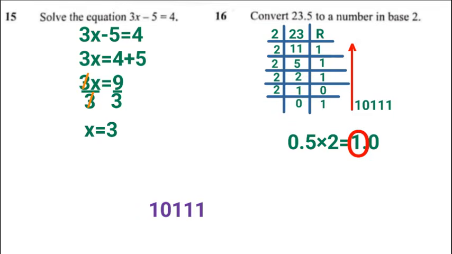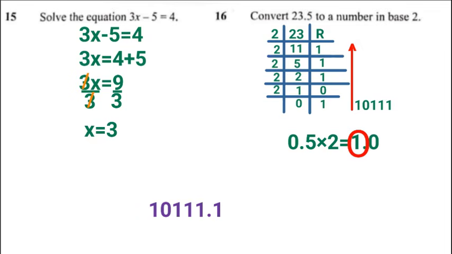Since on the decimal part I've come up with a 0, that means my calculation has finished. That indicates the end of my calculation. So I'm going to pick the 1 I've circled in red and make it a decimal part of this number like this, and that is the answer.